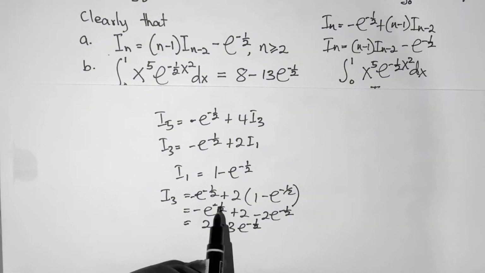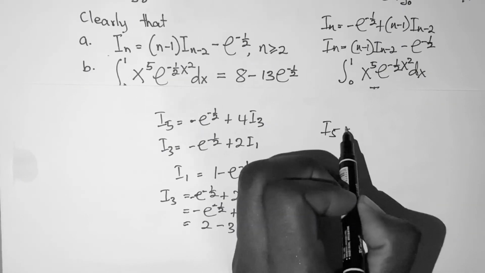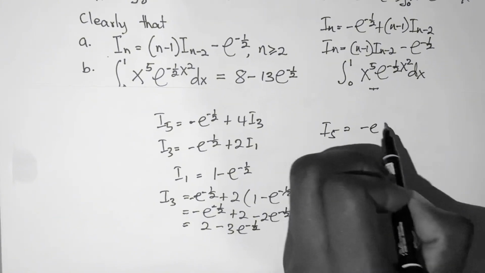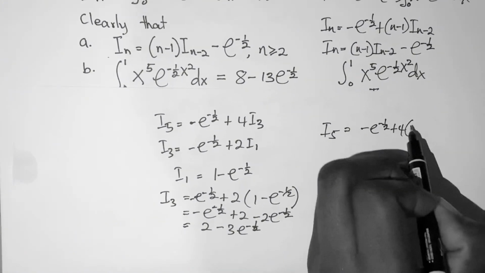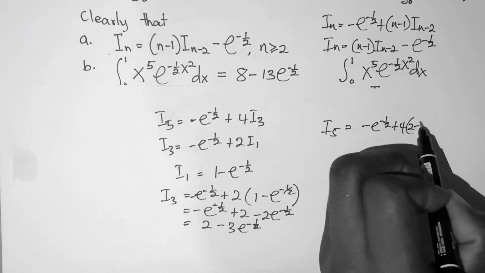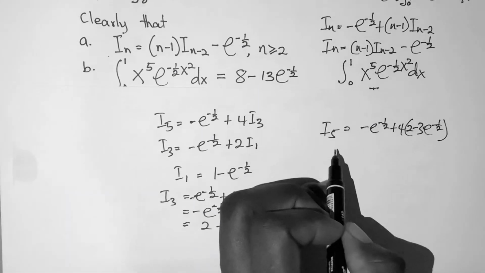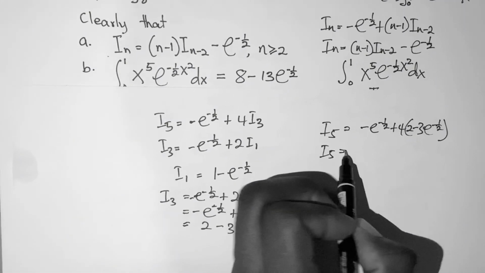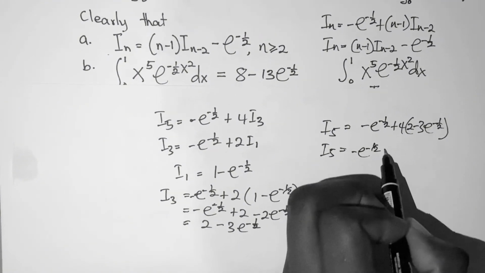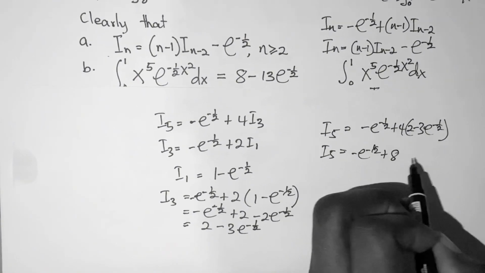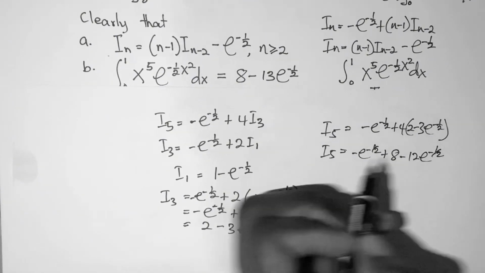Now we found I3, so let's put it in I5 to find I5. So I5 is equal to minus exponent minus 1 over 2, then plus 4 times I3, which is 2 minus 3 exponent minus 1 over 2. So I5 is equal to minus exponent minus 1 over 2, then plus 4 times 2 is 8, then 4 times minus 3 is minus 12 exponent minus 1 over 2.